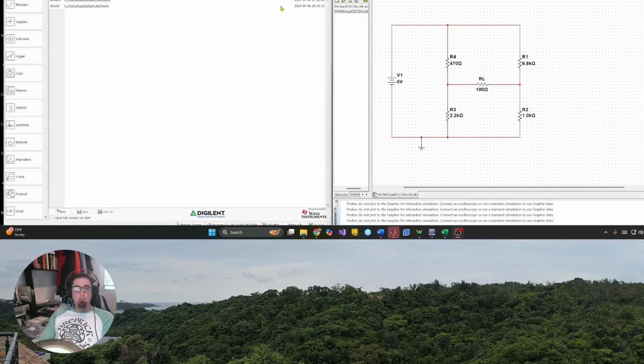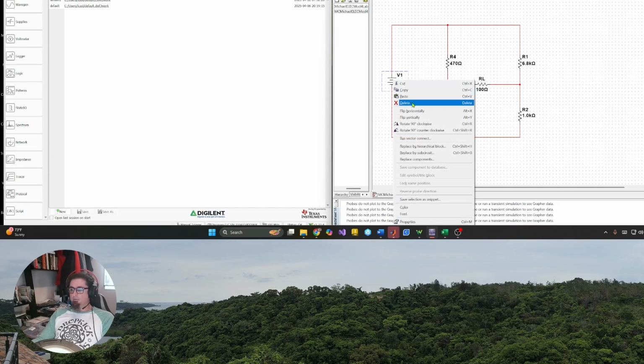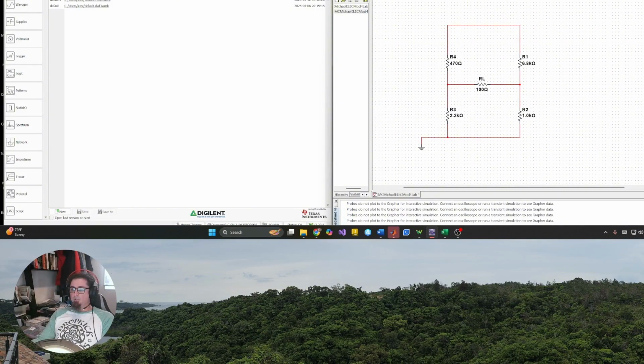So the first thing we're going to do is replace the voltage supply with a short. So we'll go and delete it, and then from here, go up here and just short this out. Control C that.